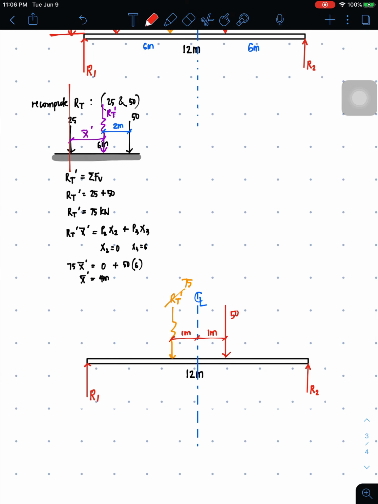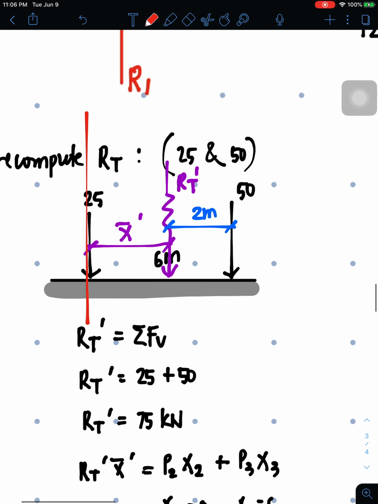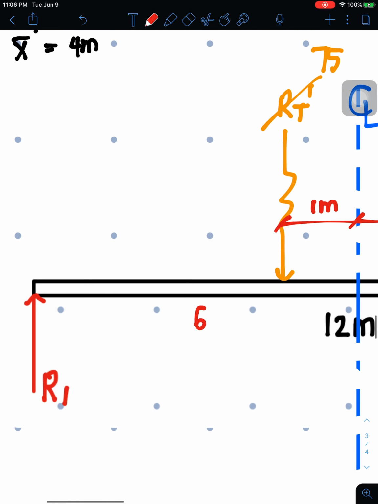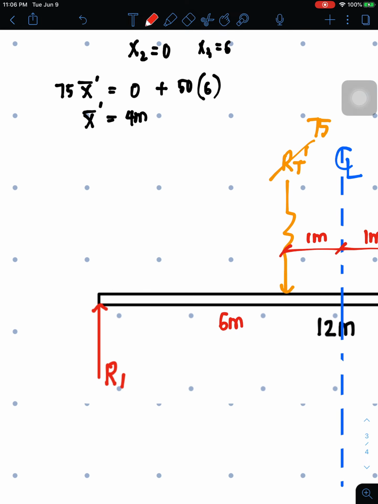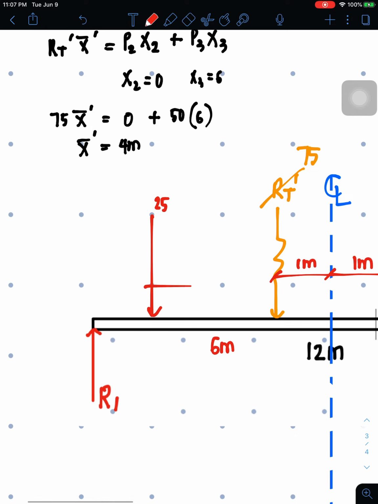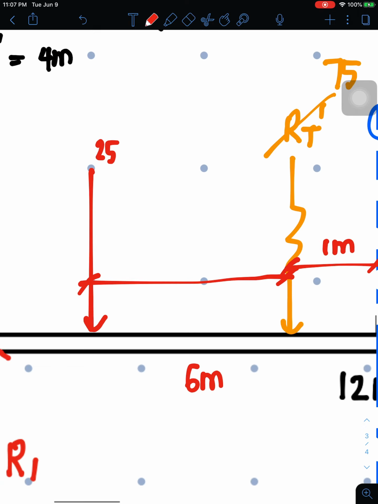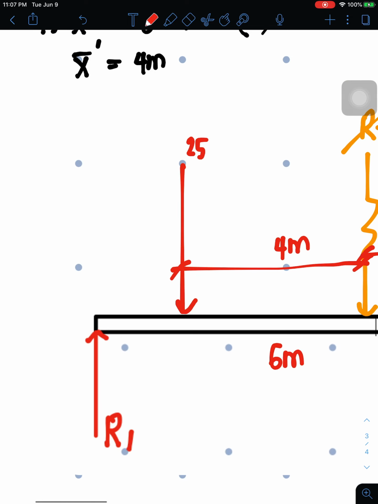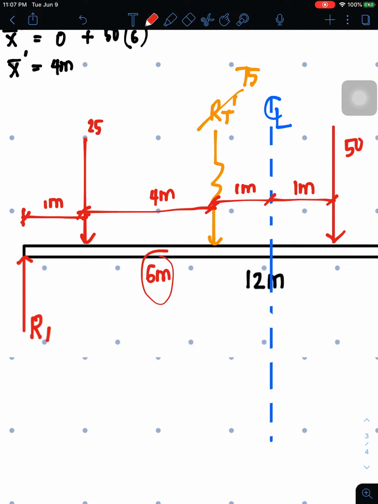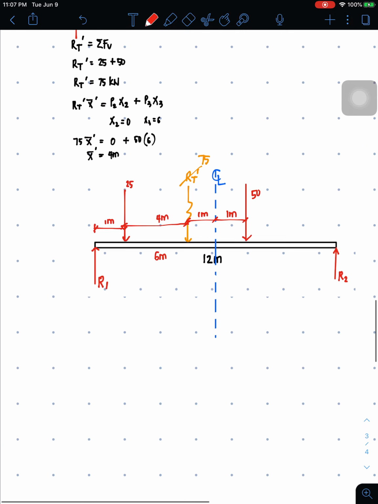And do not forget that you still have 25 niya naa sa bar x from the resultant, left of the resultant. So if this is 1 meter, and by the way this is 6 meters, so the 25 is found 4 meters. So this is 25, and the distance here, this is 4. So therefore ang distance ani, it's 1 meter, no? Para 1 plus 4 plus 1, it's 6 meters. Sakto.